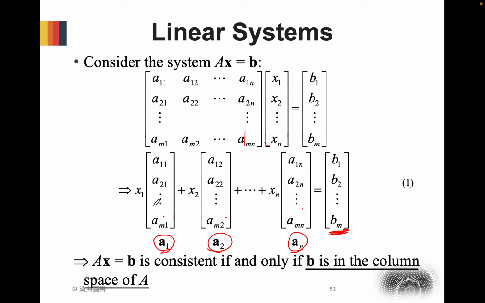And now we know that a linear combination of column vectors means the column space of A. So the meaning of the left-hand side is the column space of A. So by combining these statements, we can say that Ax = b is consistent if and only if the vector b is in the column space of A. This statement is extremely important in linear algebra. Okay?